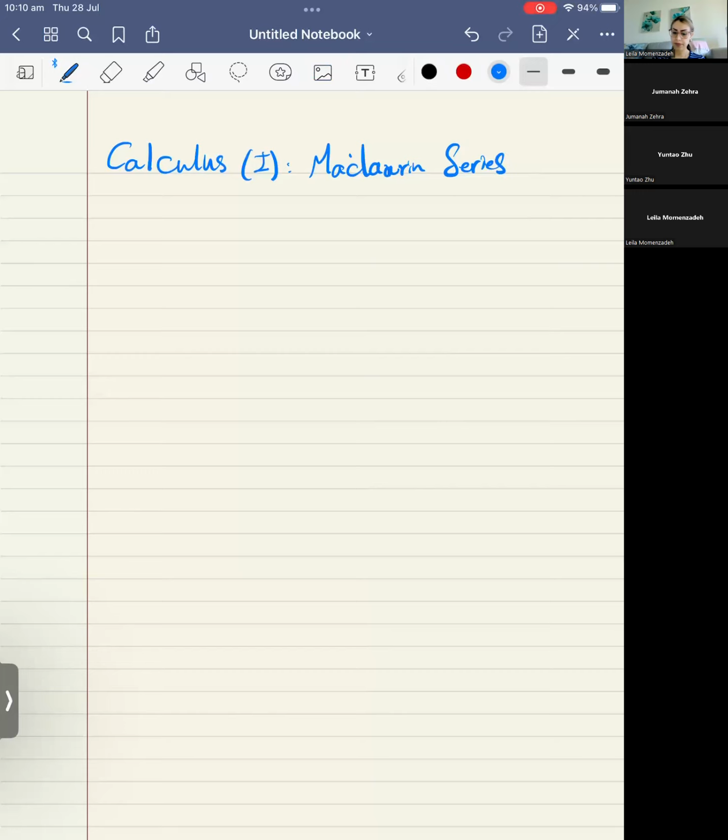For the Maclaurin series, for example, if you have this example, 1 plus 1 over 2 plus 1 over 4 plus 1 over 8 and so on is equal to what?